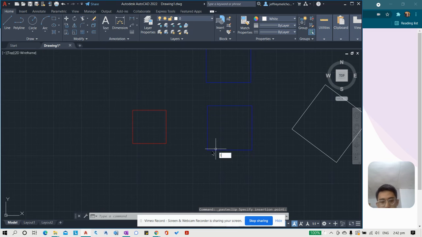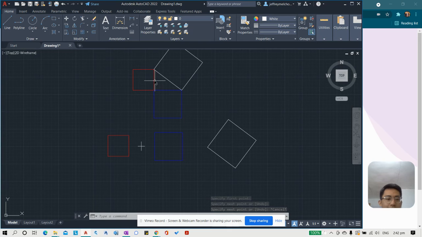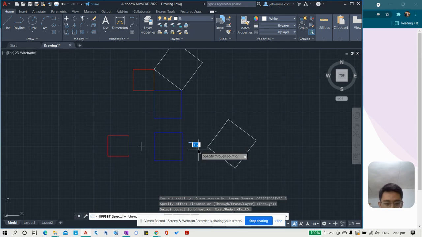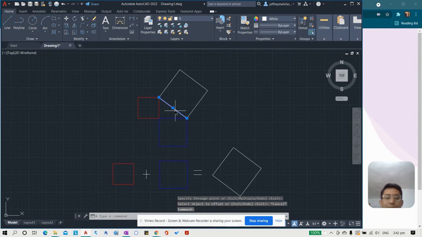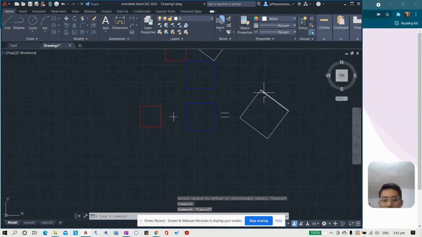According to the theorem, this square, which is the square of this side, plus this square, which is the square of this side, is equal to this square, which is the square of the hypotenuse of the right triangle. So let us prove this fact one by one.